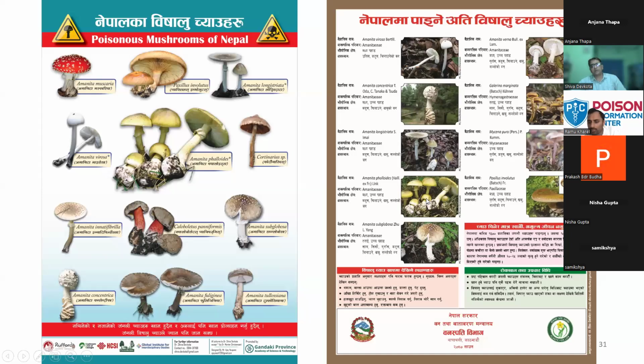Apart from Amanita, there are also a couple of other mushrooms, but whenever I visit rural areas, I always tell very ordinary people not to eat any mushrooms if they bear warts.